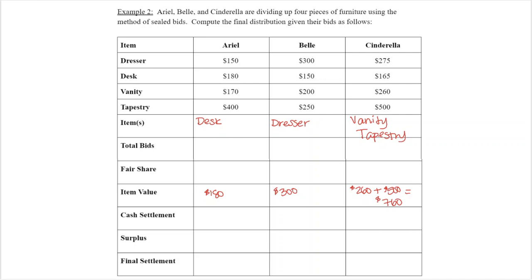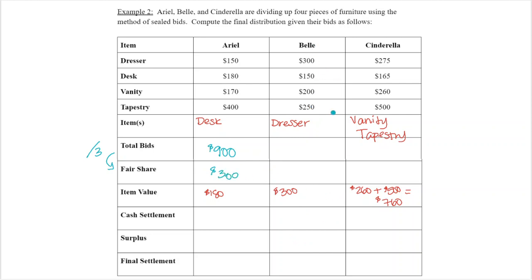Now, let's go back and see what each princess's total bids was. So Ariel, if you add up her bids, her total was $900. The fair share, there are 3 princesses here, so we're going to divide the total bid by 3 to get the fair share.